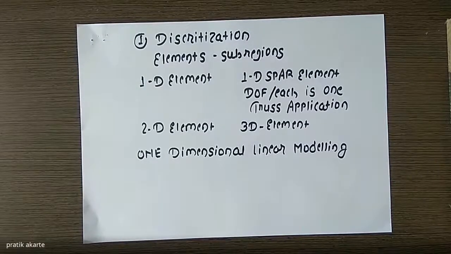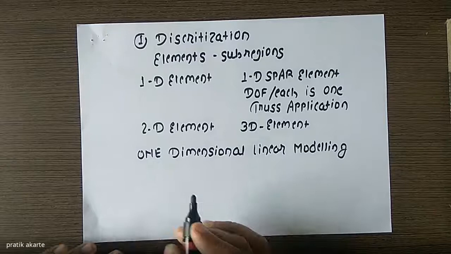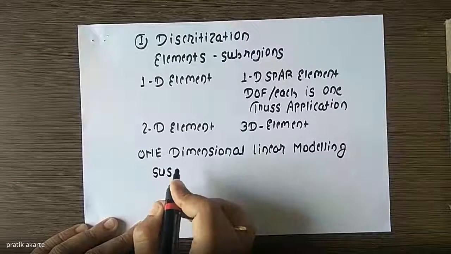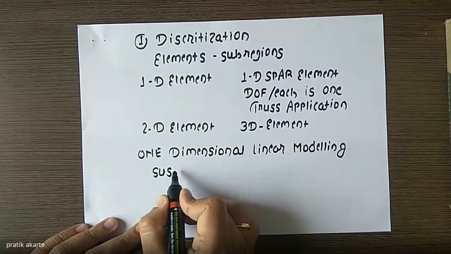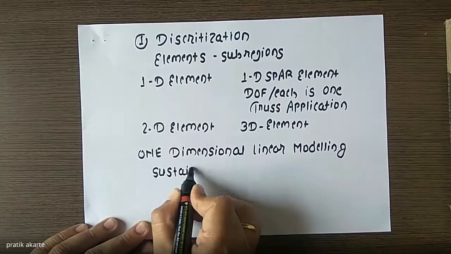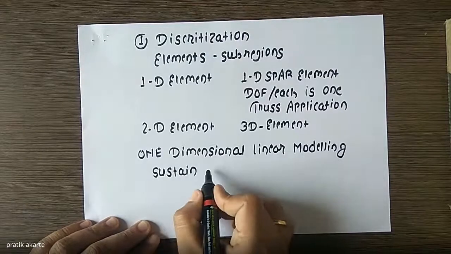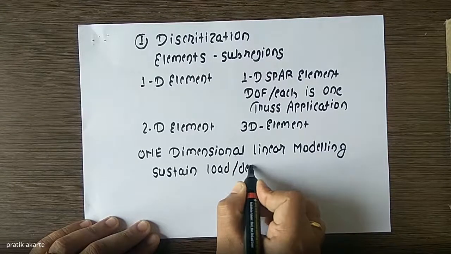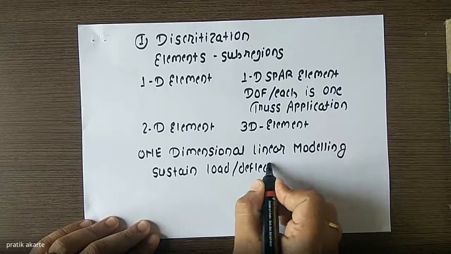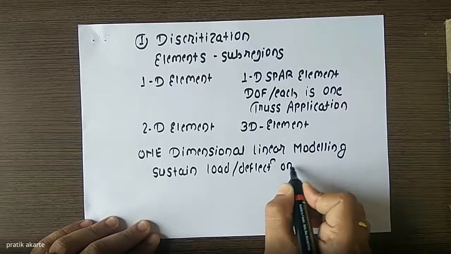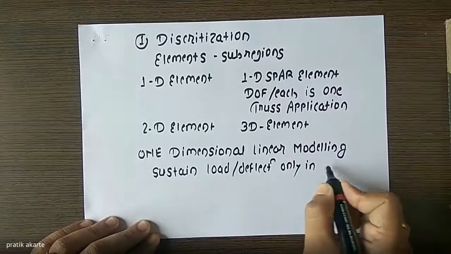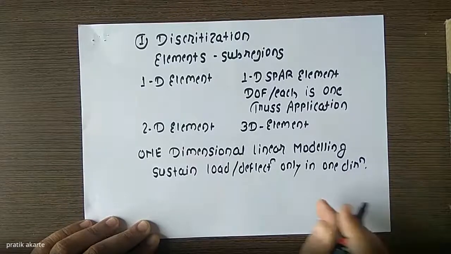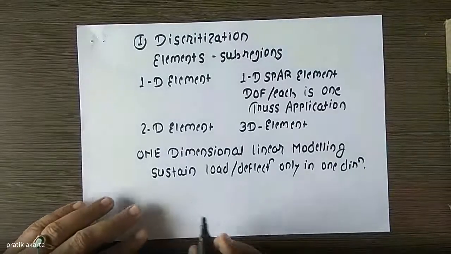Okay, so this kind of element, the 1D spar element, can sustain load and deflection only in one direction. That's why we say that the degree of freedom is 1.